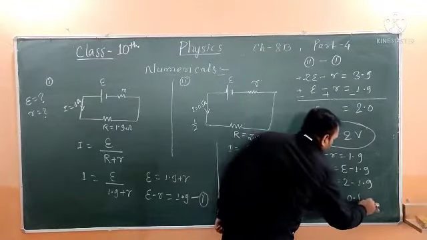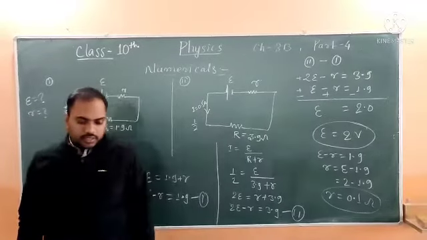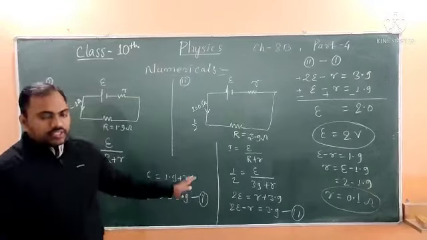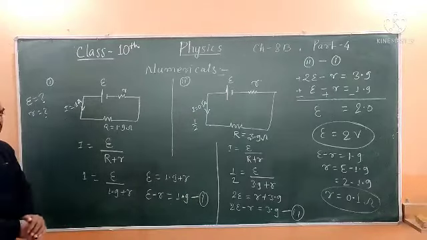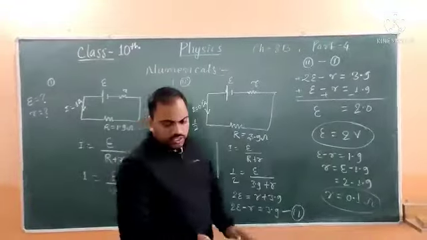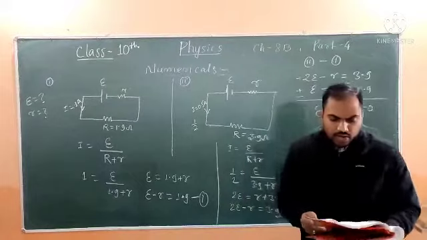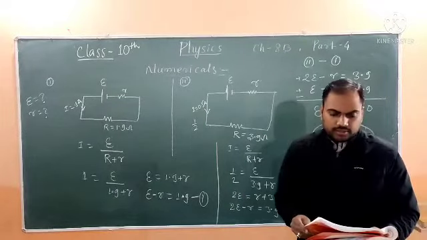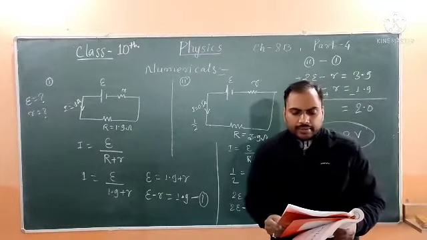So r will be 0.1 ohm. I hope you get it. Here it is a very simple equation, so you may do it like this. It is a good question, that is why I did it. Now I am moving to the next question, that is question number 8.